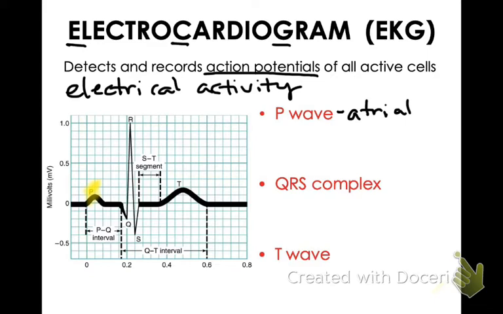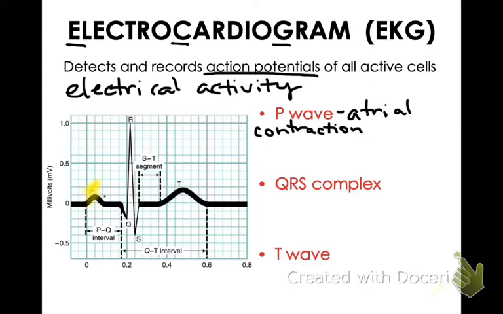Depolarization means that the atria are contracting. So it's a small little jump in electrical activity because remember the SA node gets fired, sends the message to the AV node, and you get the atria to contract. So it picks up electrical activity of the atria, and then you get that little bit of a bump.